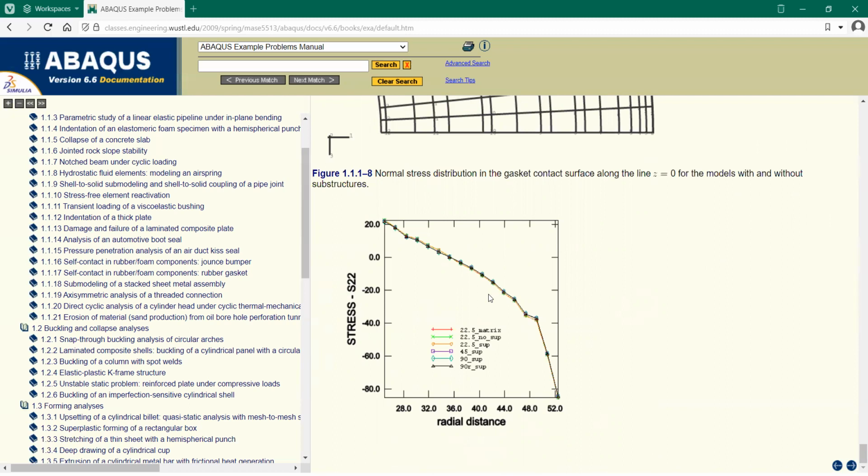And what is S22? It is the normal stress along the y direction, sigma yy, called S. Instead of sigma, which we use for stress, here we use S. S and sigma are both the same. Instead of yy, we use 22.